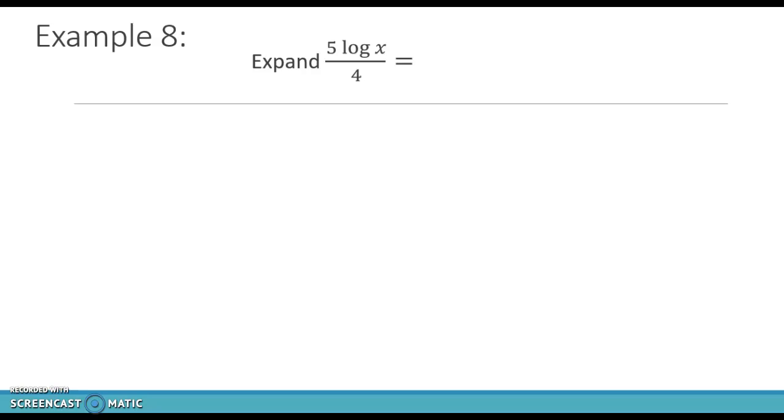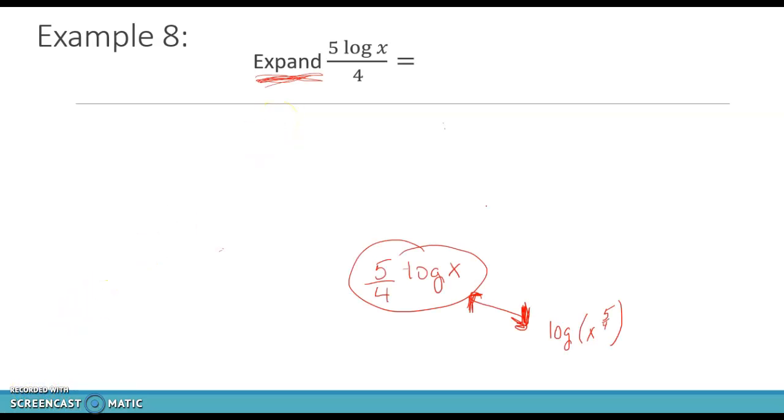Expand this guy. Let me think on this one. All right, we're going with this answer right here. Since the 5 is really like an exponent up here, and this 4 isn't attached directly to the x, we can't subtract these.